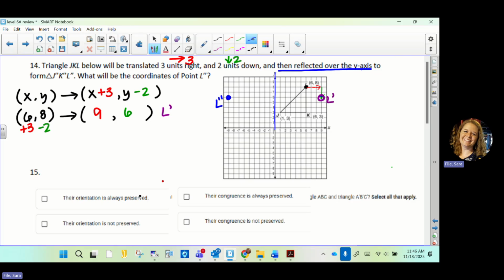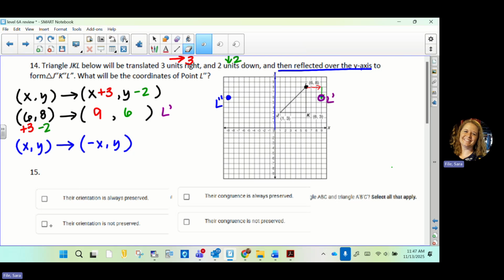Then I need to do the reflection. Now the reflection rule says take (x, y), and it's reflect over the y-axis. When you reflect over the y-axis, the y doesn't change, just the x does. So that's the rule. If I apply that rule, that's where L started, became L prime.